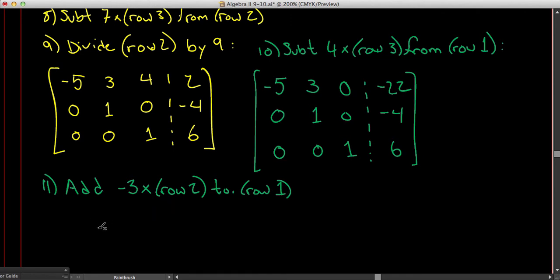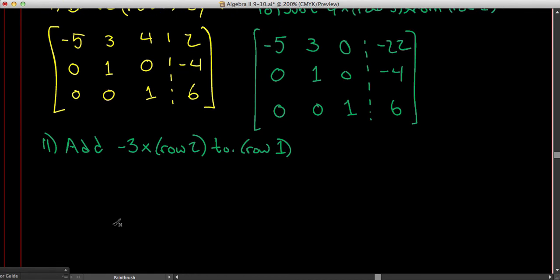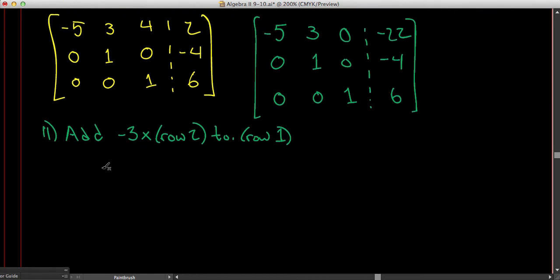So if we rewrite this, we'll be left with -5, 0, 0, and then -3 times row 2, which is -3 times -4 is 12, and then plus -22 is -10.